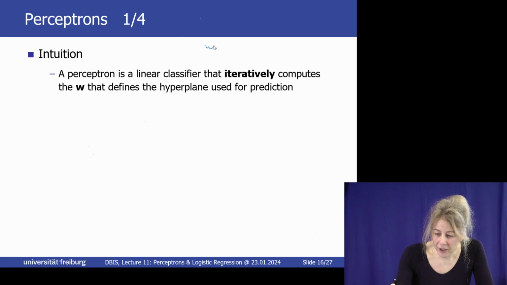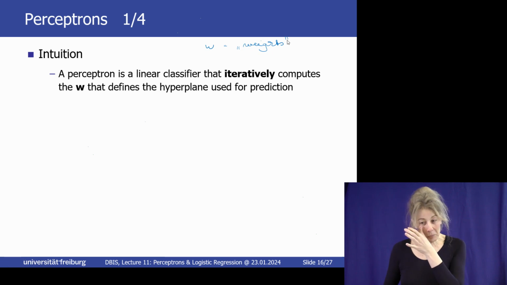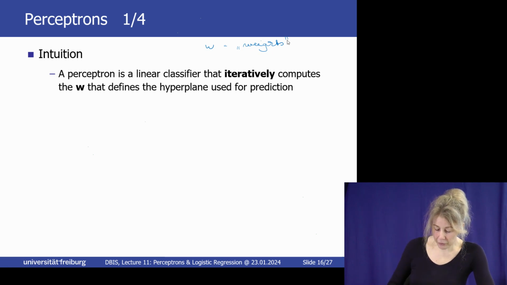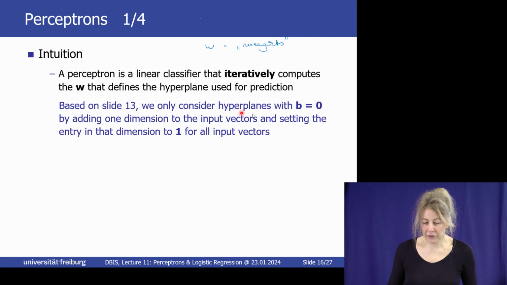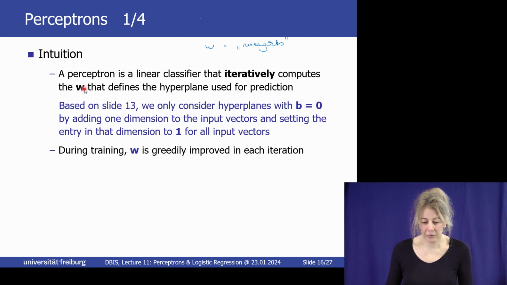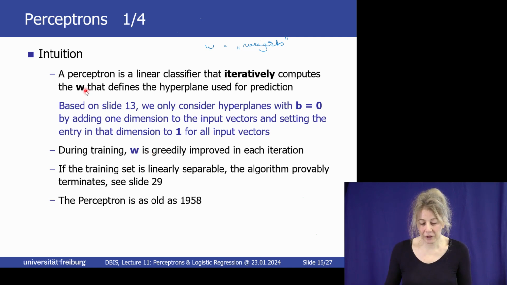You typically call the values which you learn weights. As I said, we will only consider hyperplanes. You can always do that by lifting 1 dimension higher with b equals 0. So we just have to learn a W. It makes everything simpler. And you just improve this step by step, hoping that you arrive at a good one.